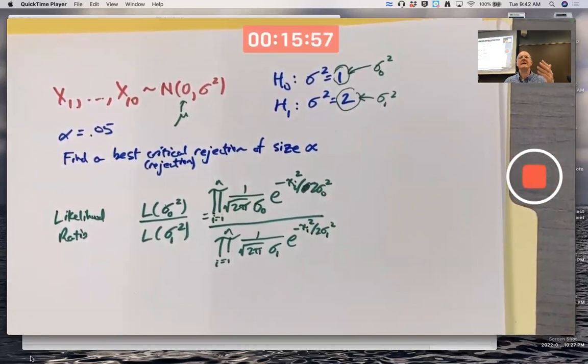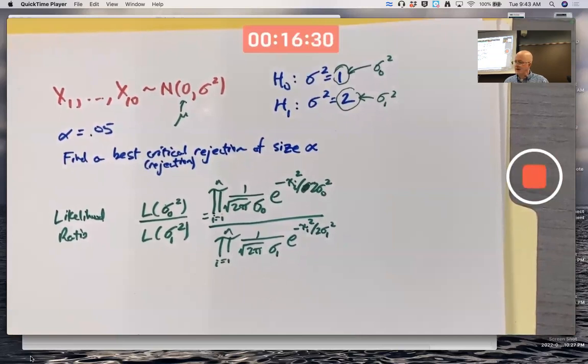This quantity being less than or equal to some number k is the form that a best critical region takes. The set of points in 10-dimensional space, x1 through x10, satisfying such an inequality is the form the best critical region takes. What is k? We'd have to figure it out. It depends on what alpha is. K depends on alpha.